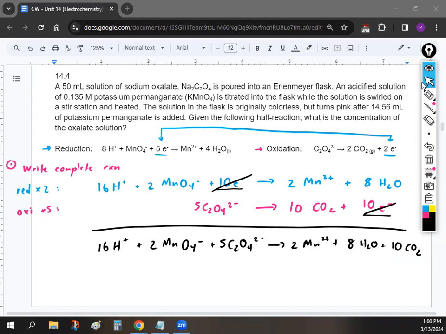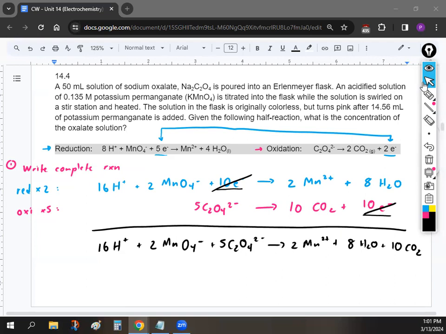All right, that's how you basically combine reduction and oxidation reactions to make a complete one. So just make sure you guys jot that down. Make sure you have this copied down because we'll need it.